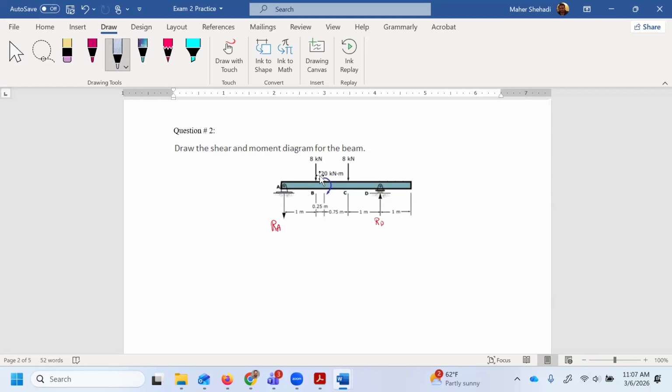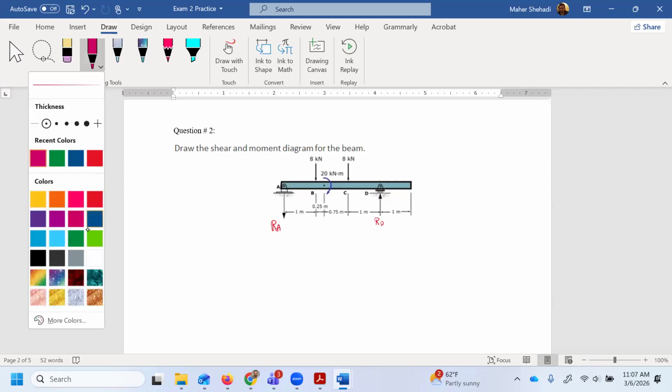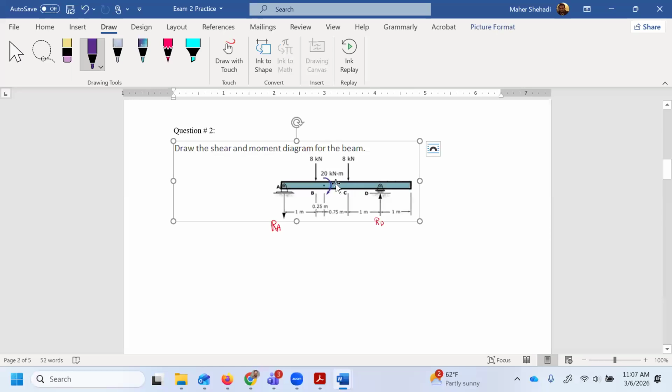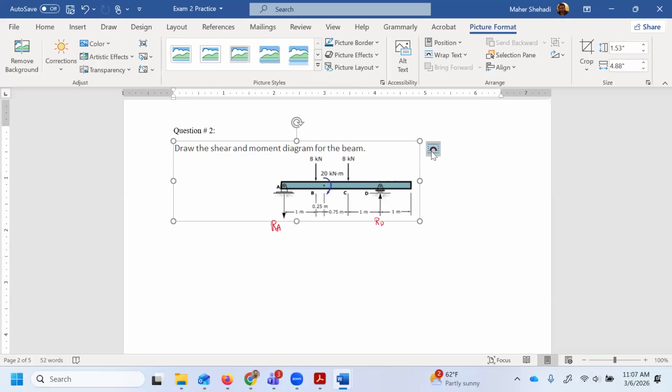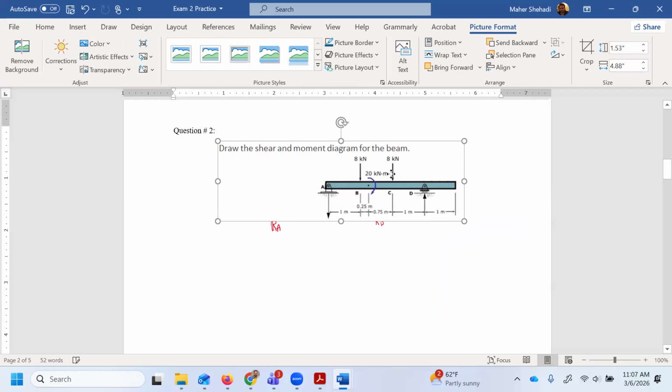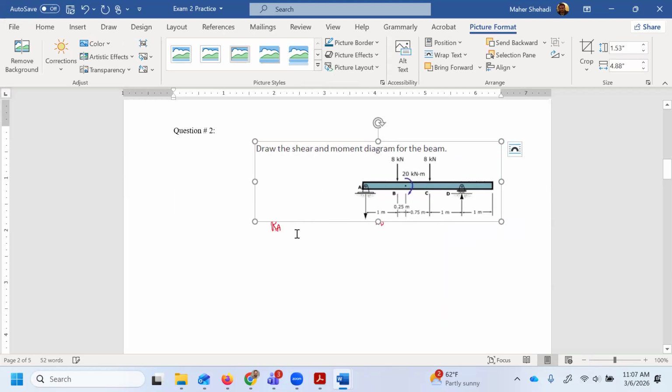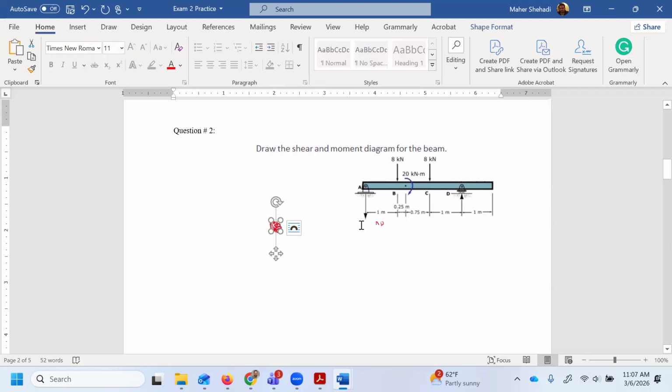Okay, so similarly, we will find the two support forces. I'm going to move this to here so that we can solve a little on the right side.